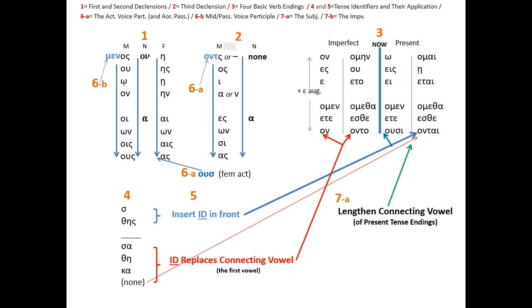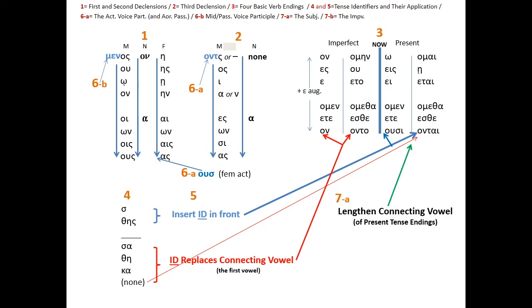In one sentence, lengthen the connecting vowel, which is the first vowel of the ending and always an epsilon or omicron, both of which lengthen to eta or omega respectively. In the second and third person singular, the iota is subscripted.